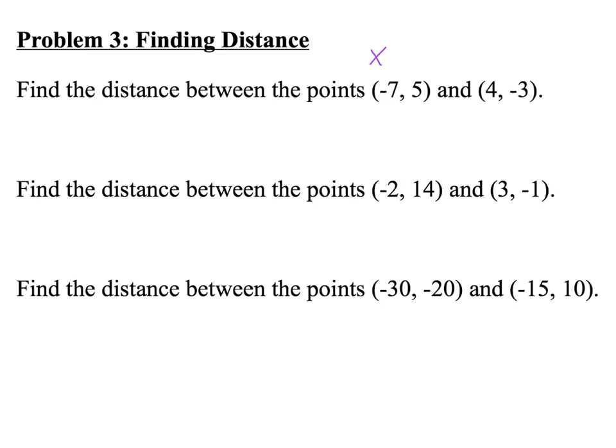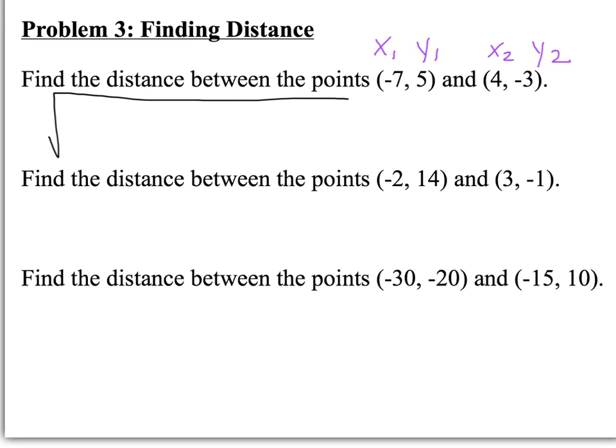So again, you first label x1, y1, x2, y2, and you plug in your numbers. So the distance formula is the square root of x2, which is 4, 4 minus my x1, which is negative 7, squared, plus y2, which is negative 3, minus y1, which is 5, squared.